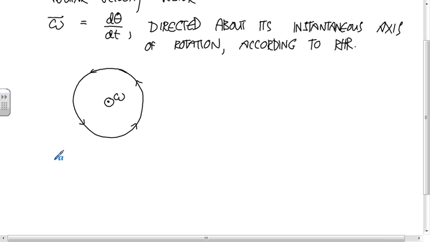And this idea is useful in describing motion about a pivot.